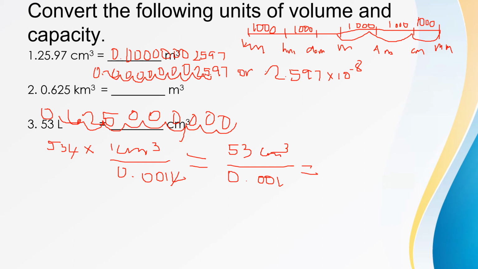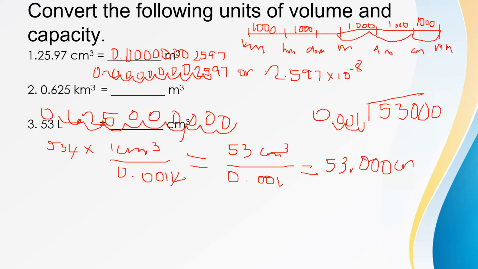Alright, so 53 divided by 0.001. Ang gagawin natin dyan, move natin 1, 2, 3. And then dito, magdadagdag din tayo ng dalawang 0. Therefore, 1, 2, 3, tatlo din. Our answer is 53,000 divided by 1. Of course, the answer is 53,000 cubic centimeter.